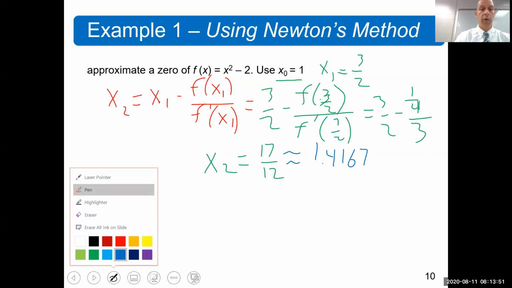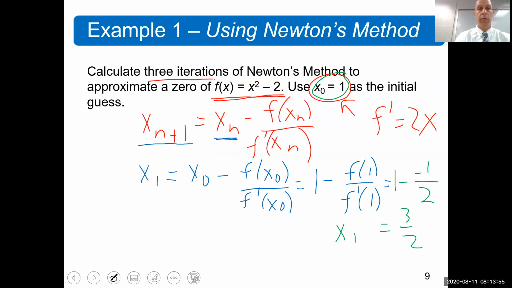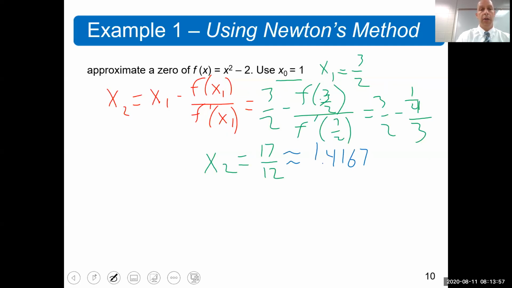Let's go ahead and do it one more time because the problem asks us to find, I think, 3 iterations. We've only done 2 now. So to find x sub 3, what might be good for you to do right now is pause the video and see if you can calculate x sub 3. To find x sub 3, I'm going to do x sub 2 minus f of x sub 2 over f prime of x sub 2.